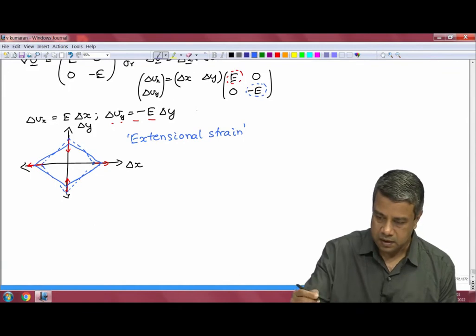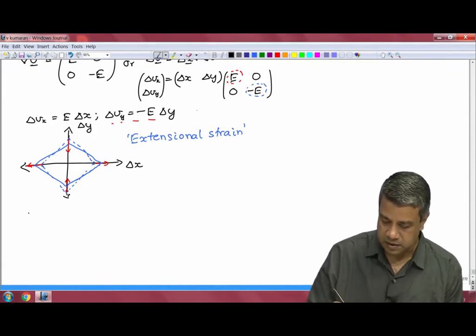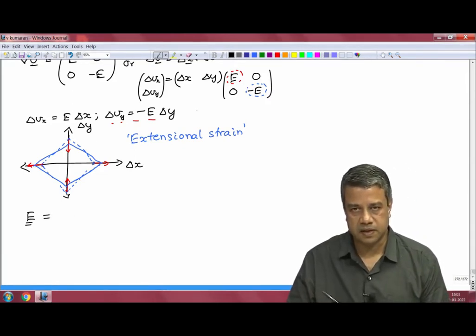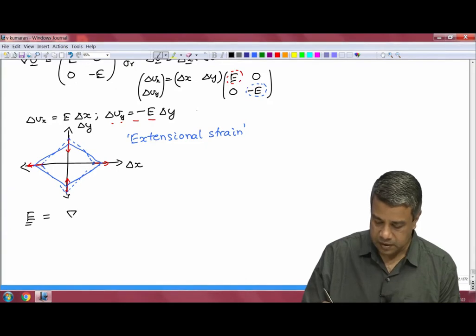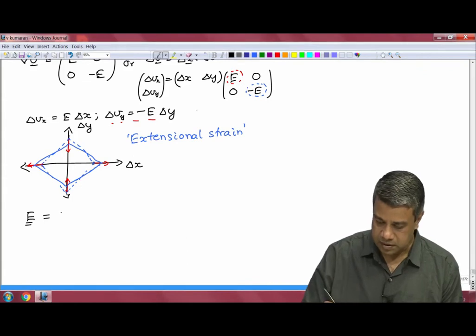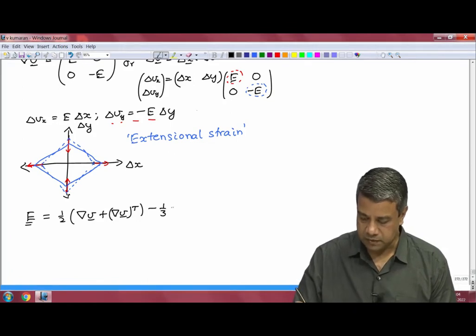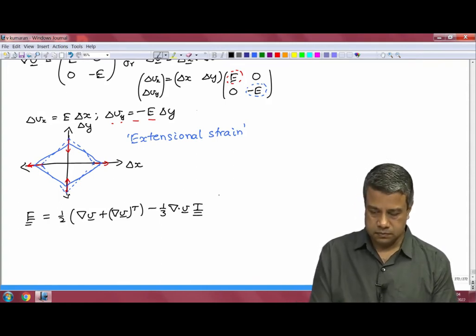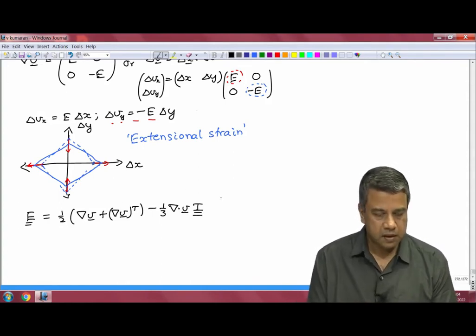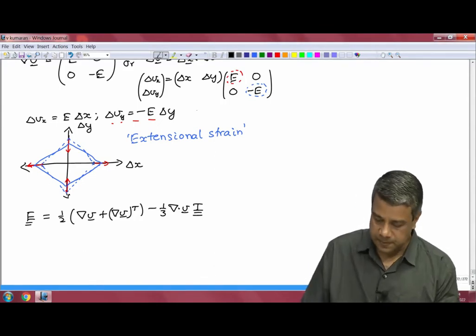I told you that in 3 dimensions, the extensional part of the rate of deformation tensor is equal to the symmetric part minus 1/3 of the divergence of the velocity times the identity tensor. This matrix is symmetric and traceless.